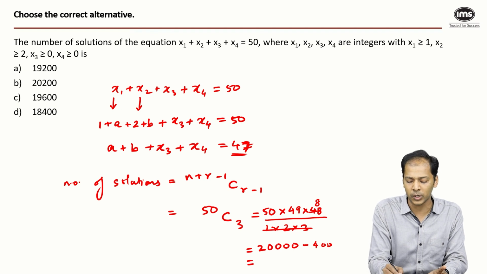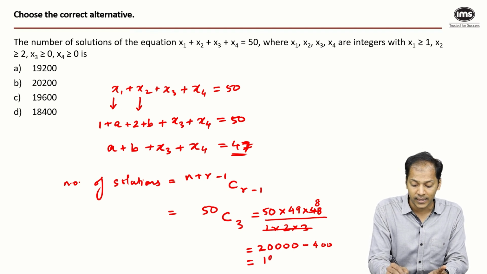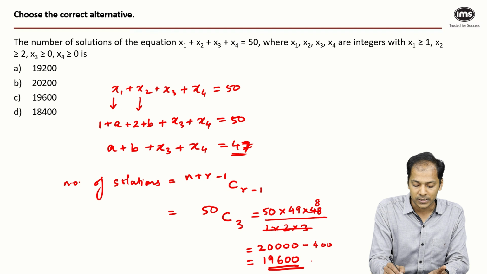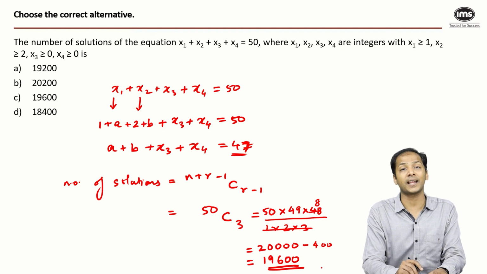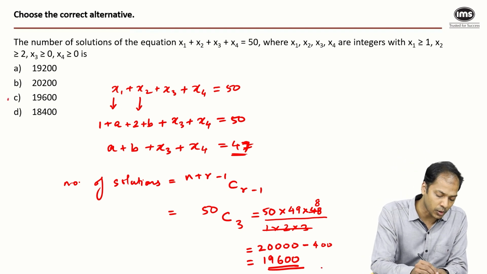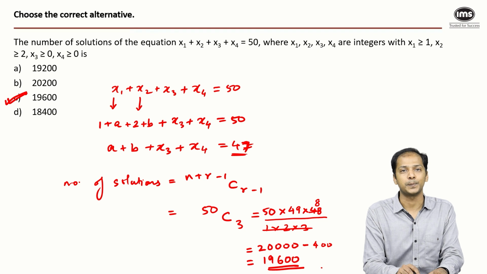Therefore our answer is 20,000 minus 400, that is 19,600. Hence the correct answer to this question is option C.